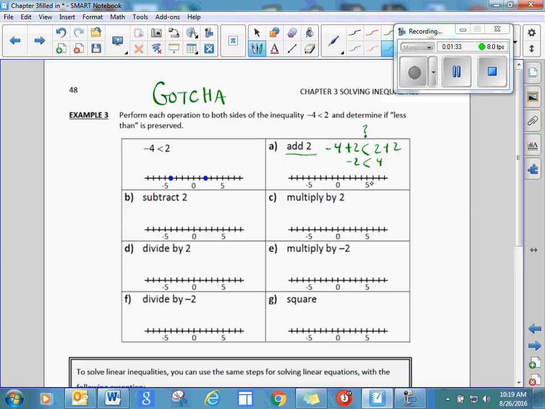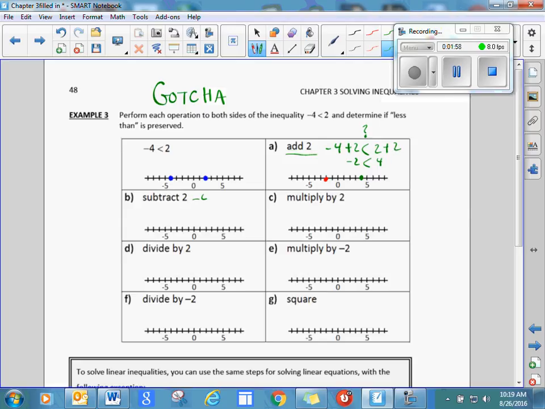And if we plot these, let me put the 4 in green, and I'll plot the -2, the smaller number, down here in red. So it works. -2 is less than 4, so if we add a positive number to both sides of the inequality, we still get a true statement. What about subtracting?